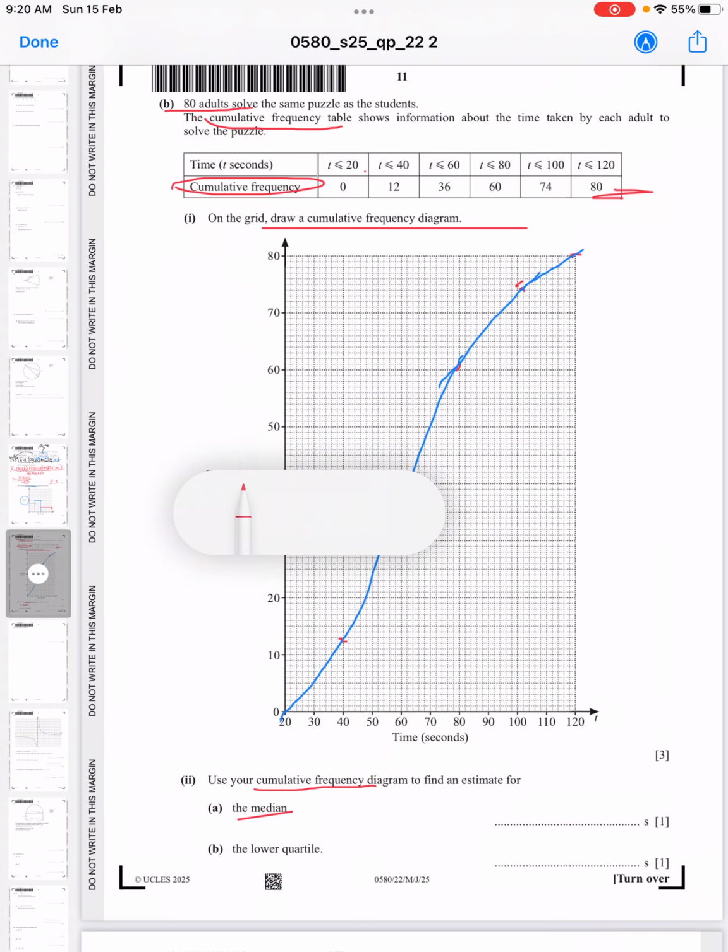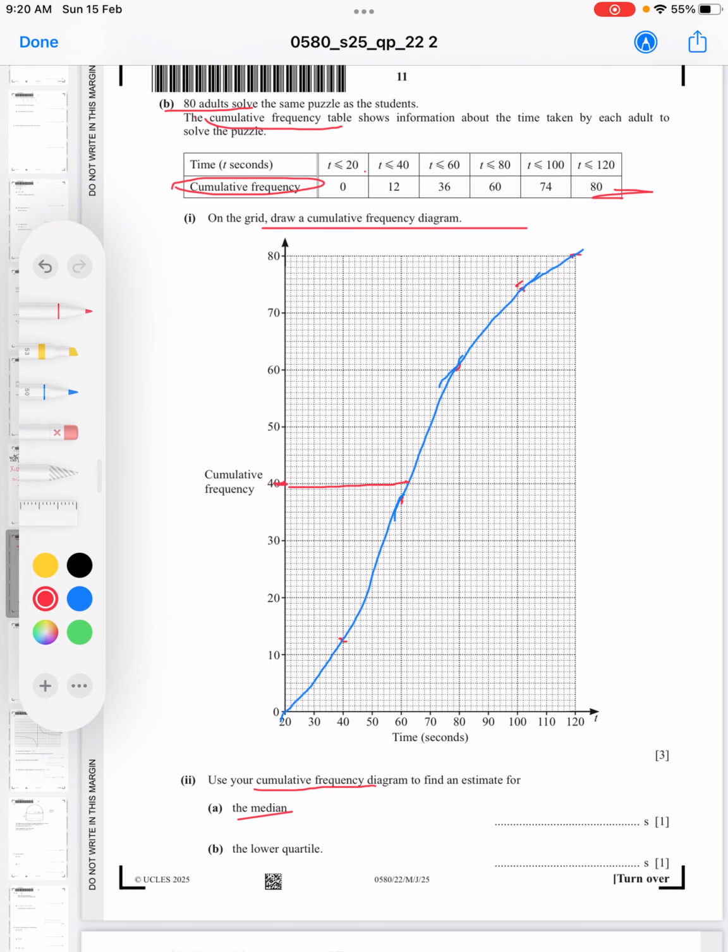And also for the next one, lower quartile. So lower quartile means again half of the half, right? So it will be this point and this point, and it will be this point and this point.